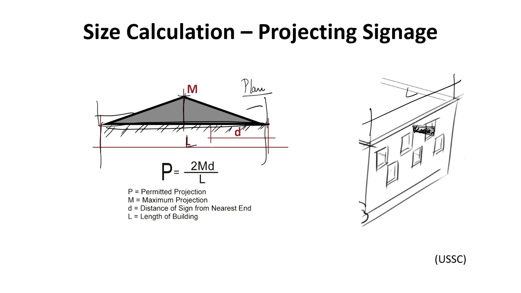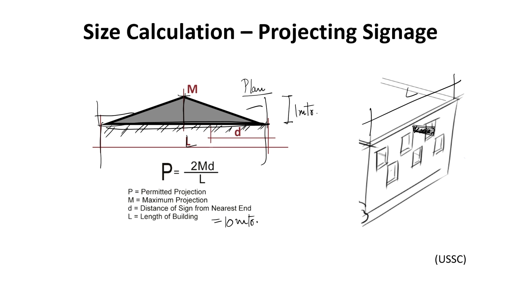Why not let us calculate it? Let us take the length of the building as 10 meters, and M, the maximum projection, as 1 meter. As I told you, the permissible limit is 1 meter.